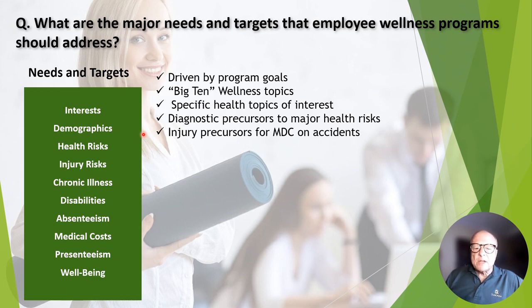And it's related to the major diagnostic category on accidents and injuries, which is usually about 7 to 12% of all of the claims costs in a given health benefit program.